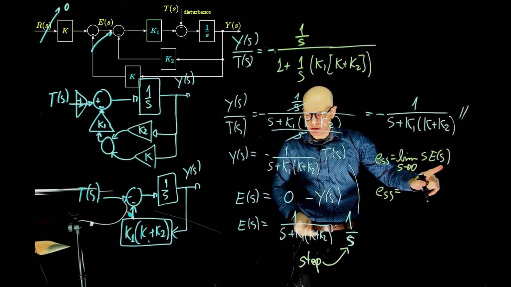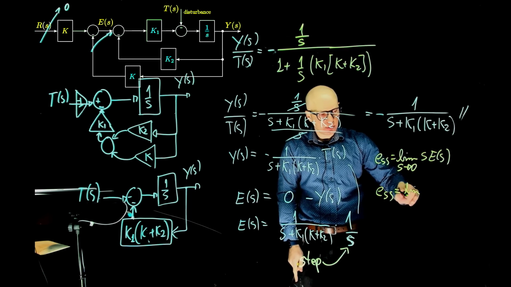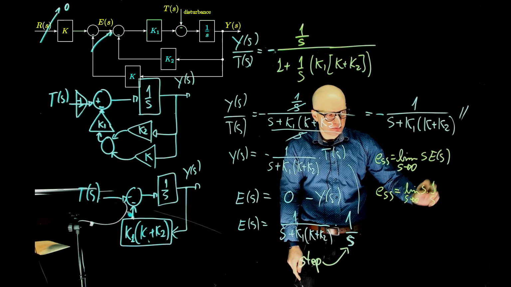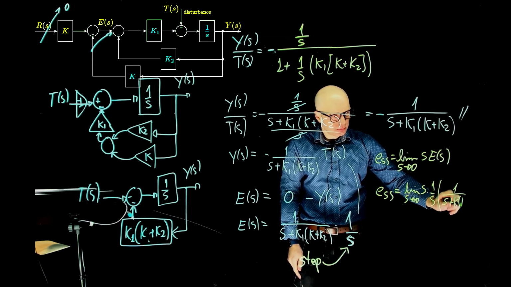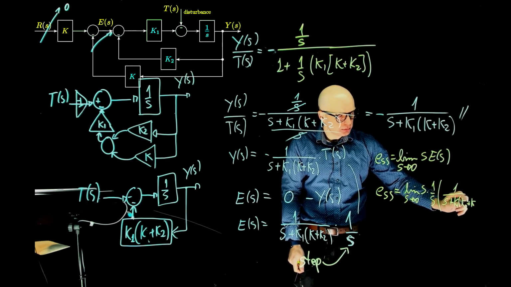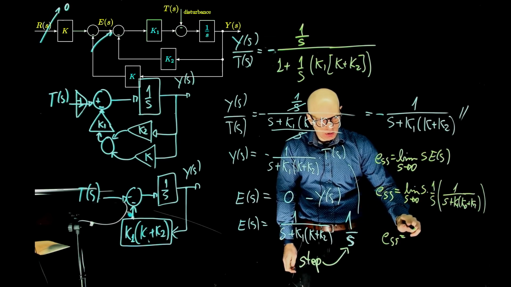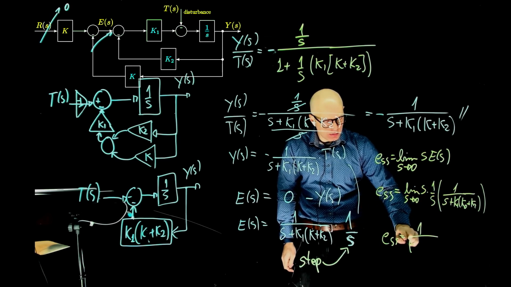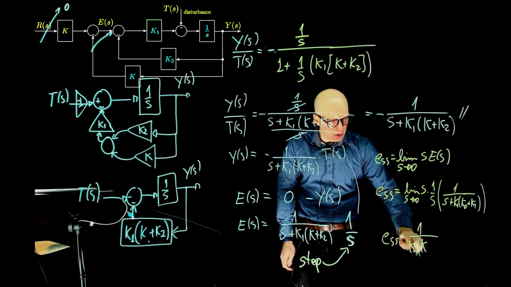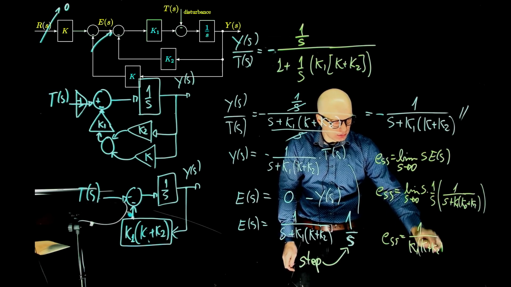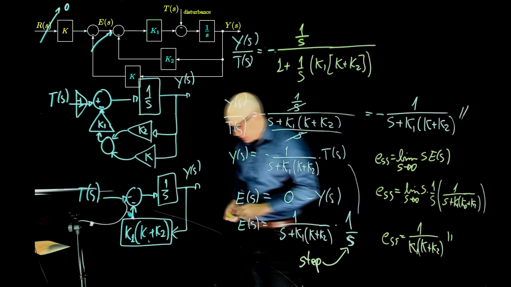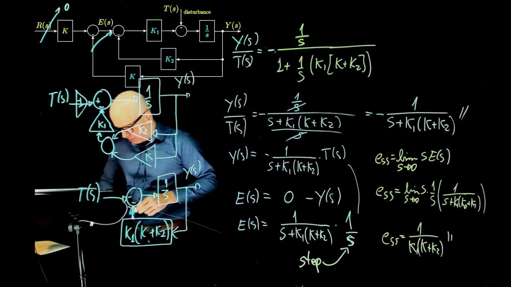Okay. So what is the steady state error? It is the limit of s times all that. So it would be 1 over k multiplied by k plus k2. Correct. So this is 1 over k1, sorry, k plus k2. What's the steady state error to a unit step disturbance?